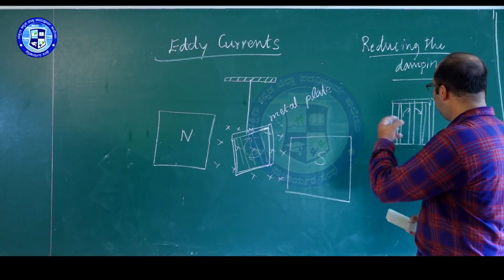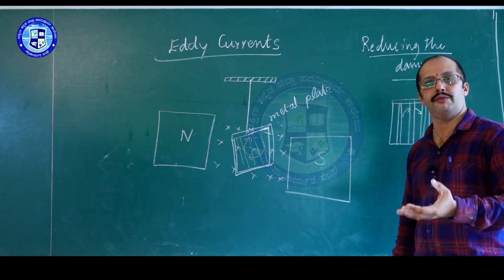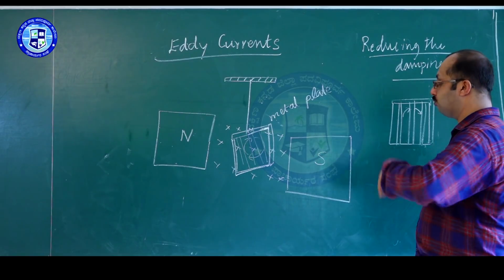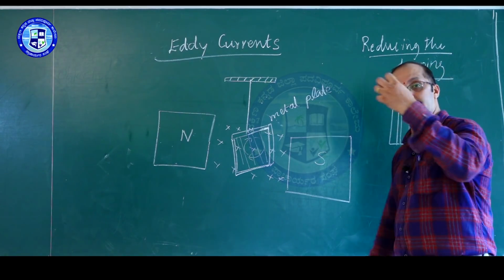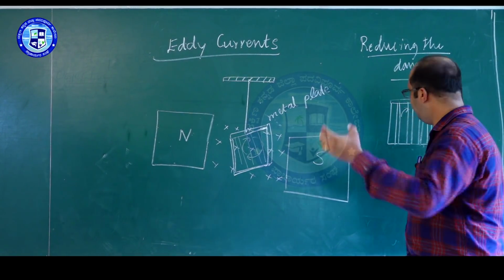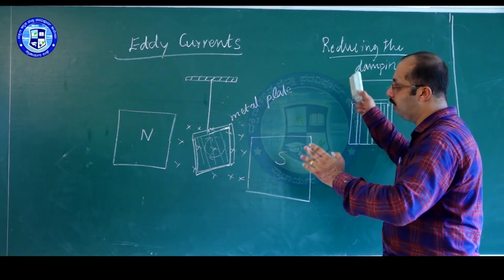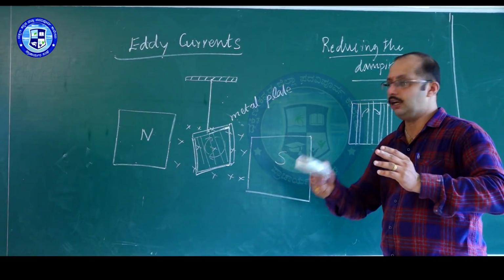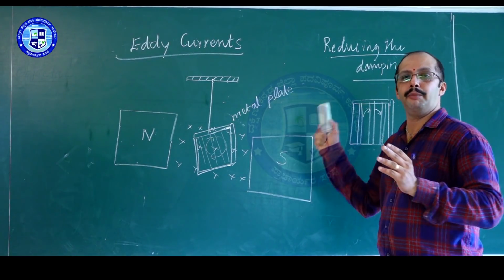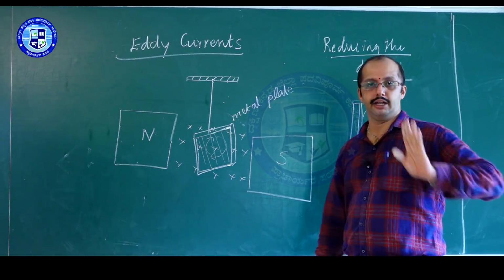So when that area decreases, the magnetic flux variation also decreases, and the eddy current strength will decrease. Eddy current decreasing means the damping reduces, and the metal plate can continuously oscillate in the magnetic field.